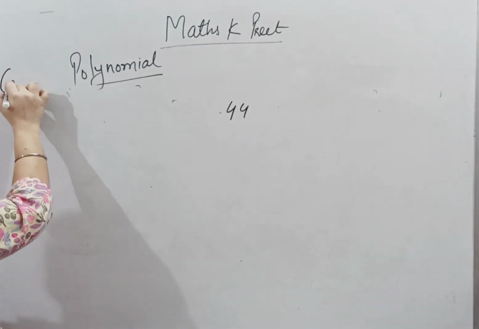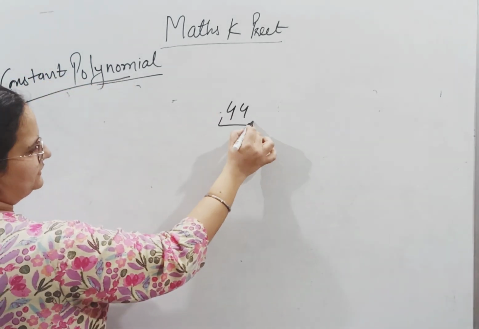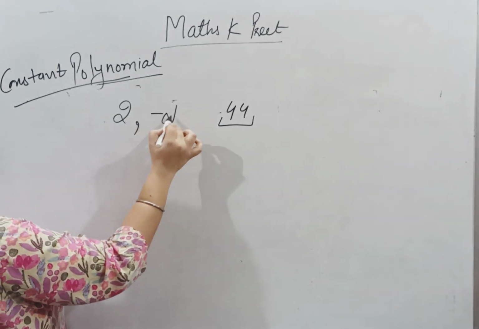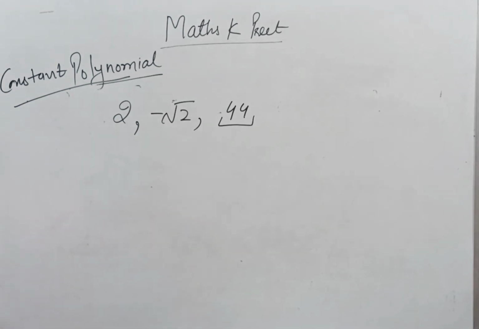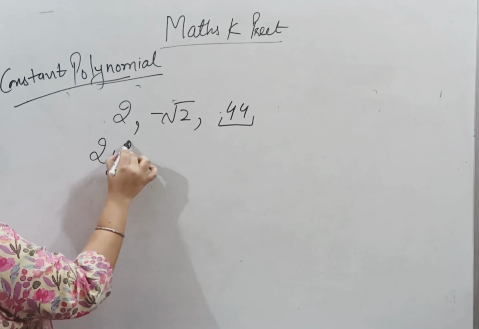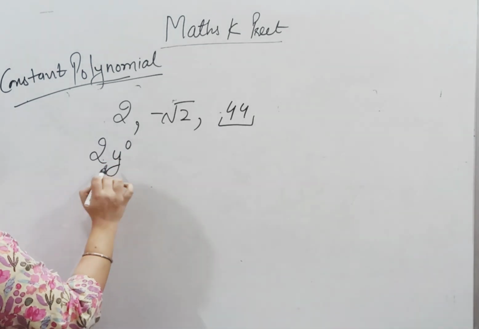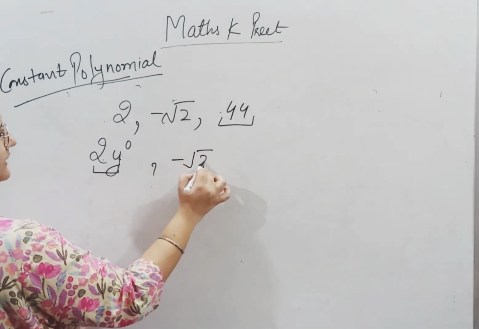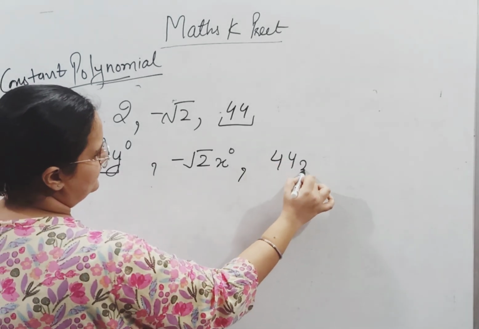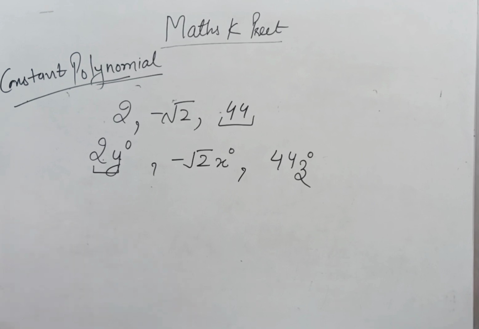If I have written only 44 or 2 or minus root 2, these are examples of constant polynomial, because if I am taking variable y, this is the coefficient for y raised to power 0. This is a constant polynomial. Say if I am taking variable x, x raised to power 0. And if I am taking z, z raised to power 0.